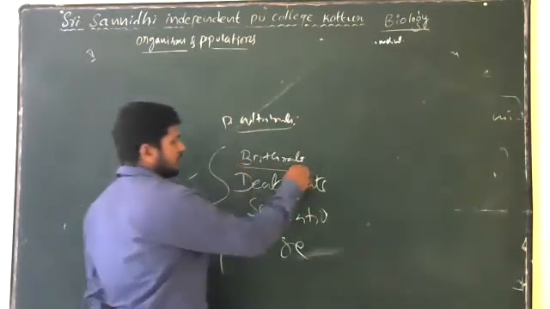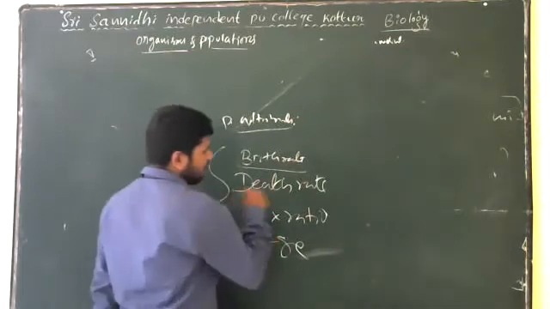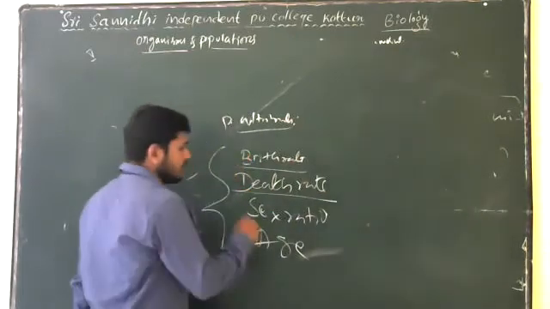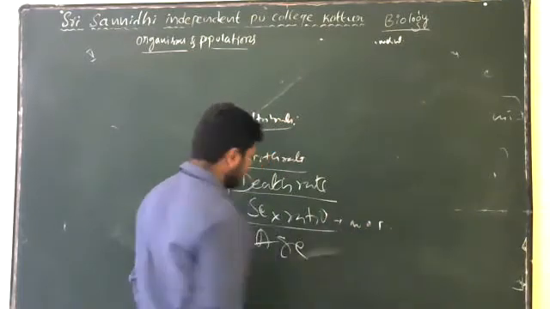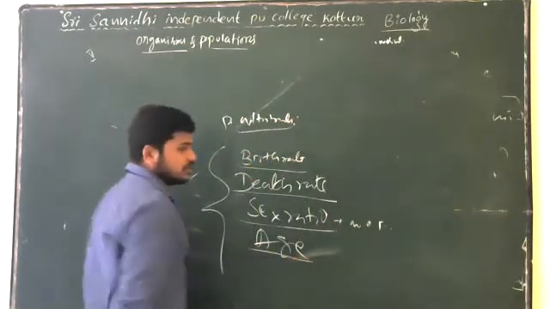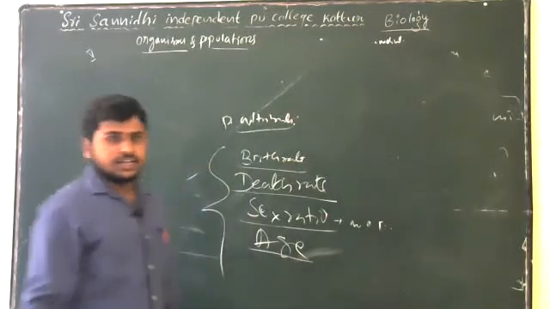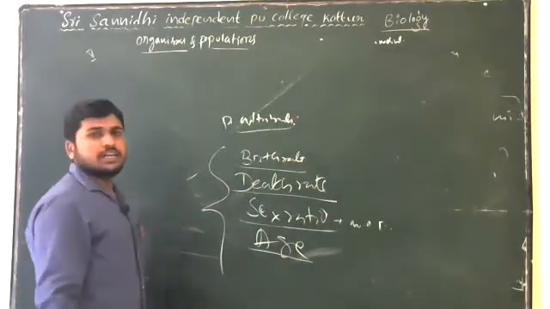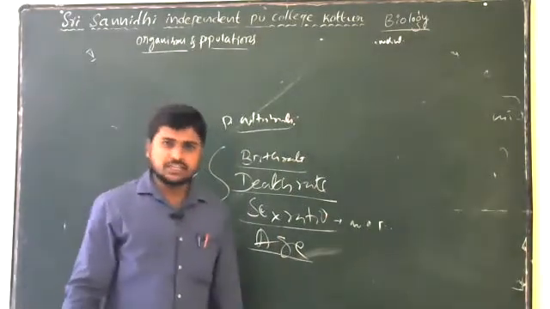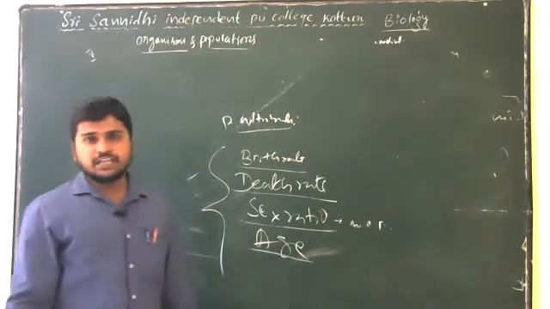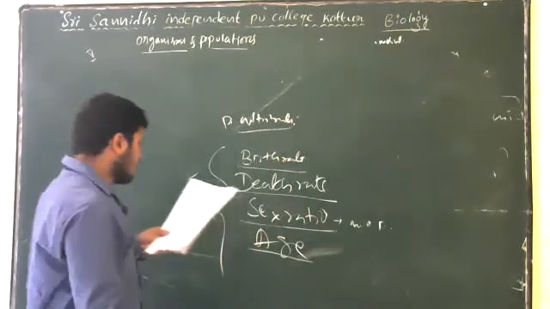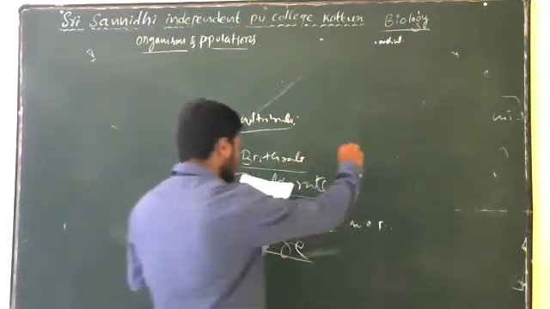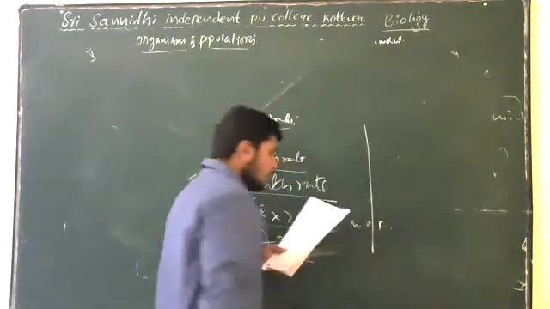So number of births per capita, number of deaths per capita, sex ratio, that means male and female ratios. Age pyramid means, in the population, how many individuals are in the reproductive stage, how many are in the pre-reproductive stage, how many are in the post-reproductive stage.